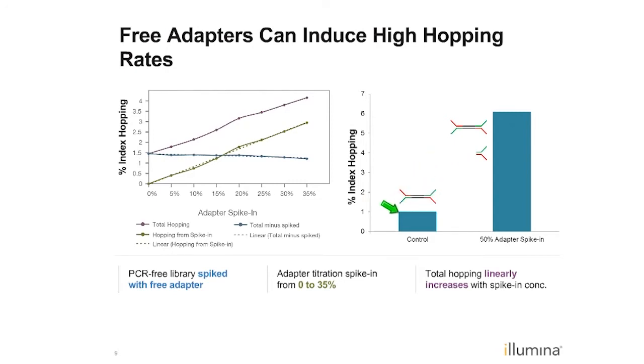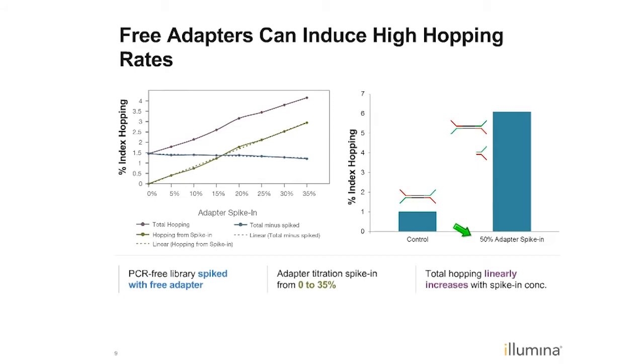And so you can see here what we think is part of the mechanism. This is the structure of the PCR-free library, the control library here. And what we believe is that when we spike in the free adapter, which has these forked adapter ends, as we called them, which is similar to what we have with PCR-free libraries, adding those together is part of the mechanism, probably not the complete mechanism, but the point is that having free adapter at these kinds of levels of 50%, we can induce extremely high levels of index hopping.